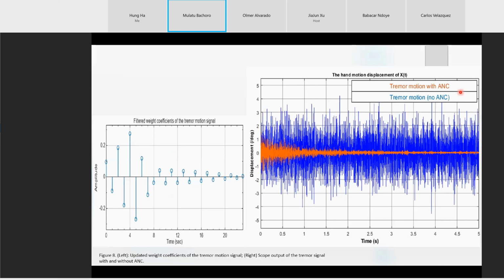Also, the figure on the left-hand side shows the updated weight coefficients and the amplitude of the residual tremor as we run the simulation. These coefficients are updated by the normalized LMS algorithm.